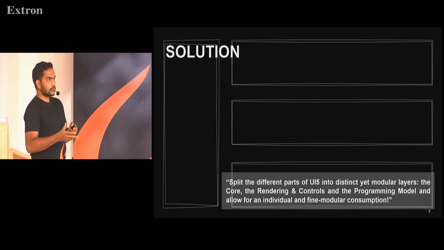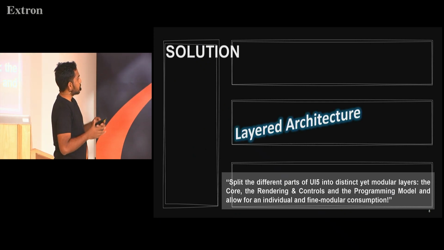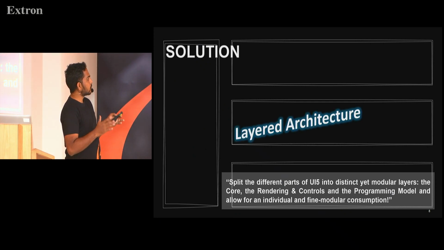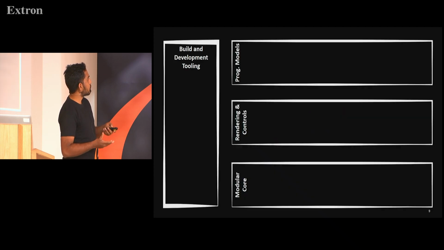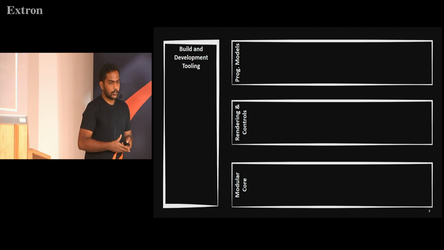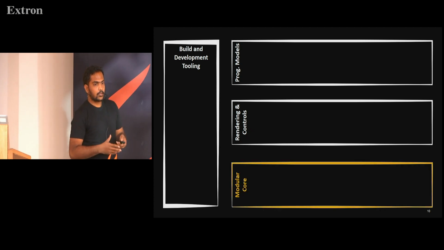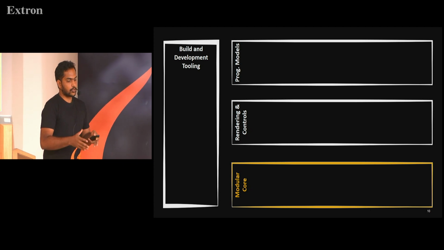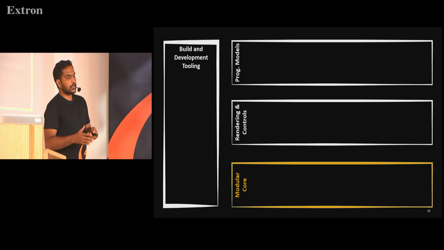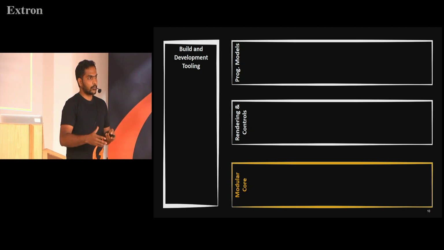The solution for this, again, is to split the different parts of UI5 into distinct modular layers: the core, the rendering and the controls, and the programming model, all supported with build and development tooling. Today, in this session, we'll be touching more upon the modular core and some part of build and development tooling.